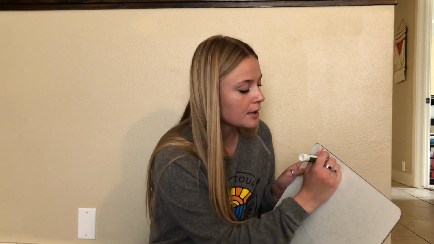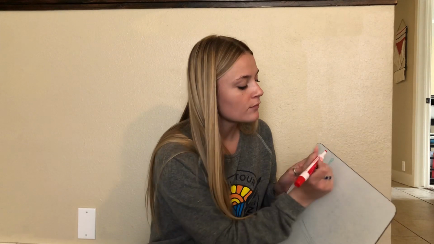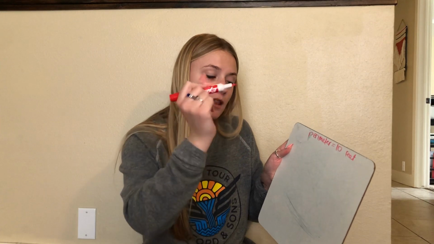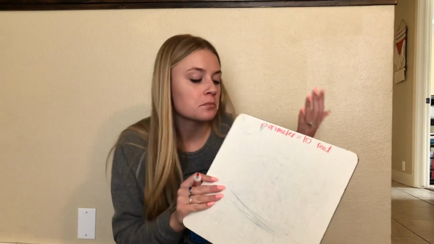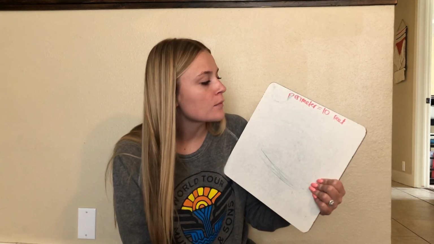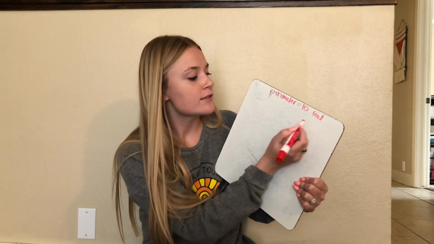So now we're saying, okay, perimeter equals 10 feet. So if I add up all the side lengths, it would equal 10. So now we can just estimate what's a rectangle that we would add up to have 10 feet.